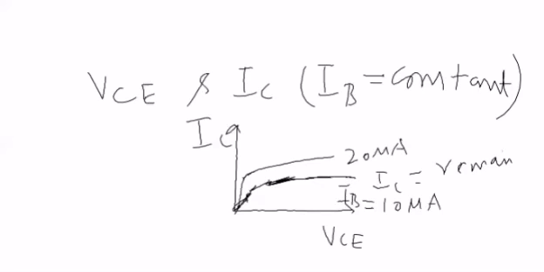But IC will still be independent of VCE. If you increase IB like this, there will be a different curve for each IB, because you are keeping IB different and looking at the relationship between VCE and IC.